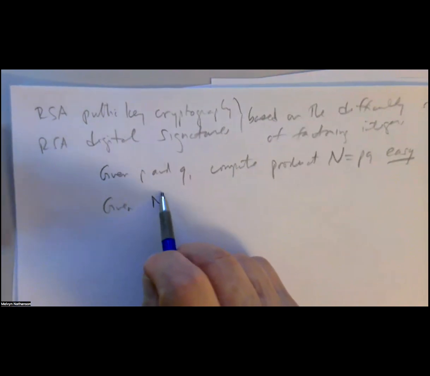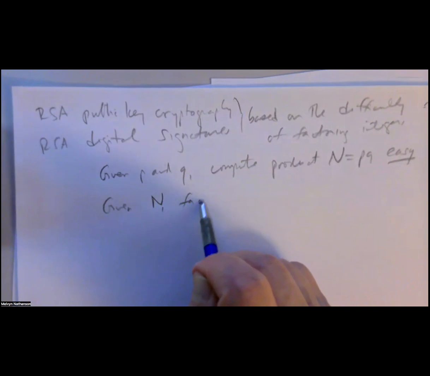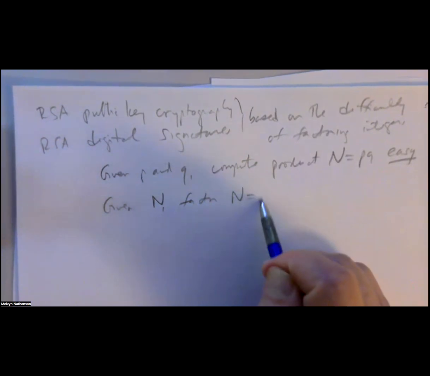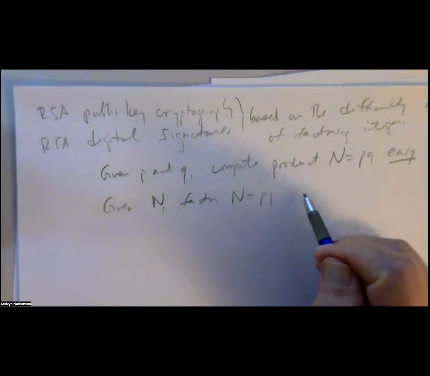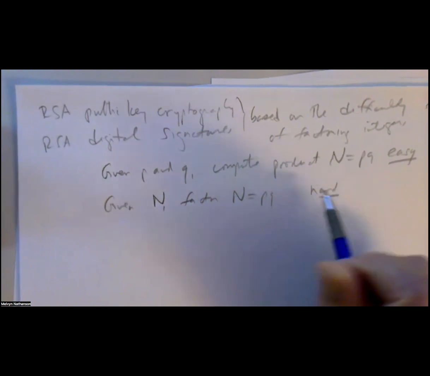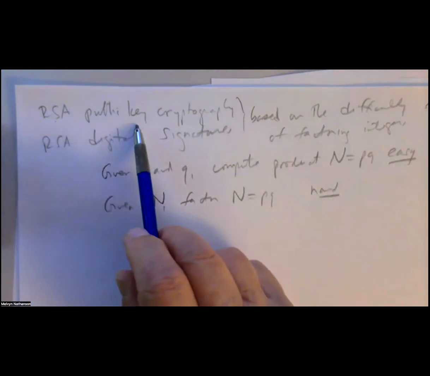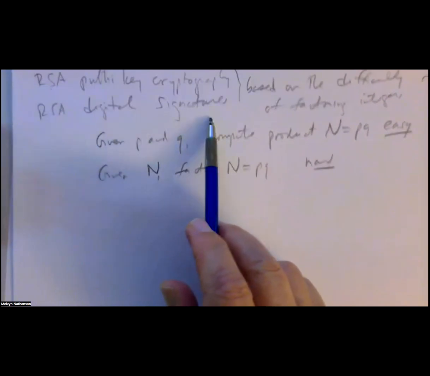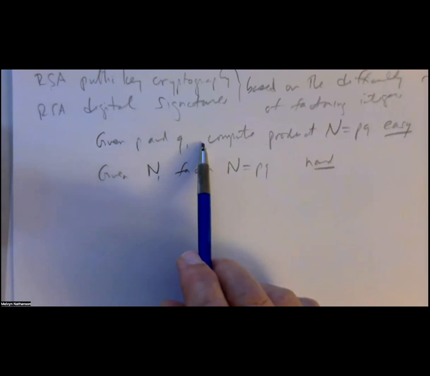Given N, factor N into a product P times Q is hard. So RSA public key cryptography and RSA digital signatures are both based on the fact that to factor a number is hard. Multiplication is easy, factoring is hard.